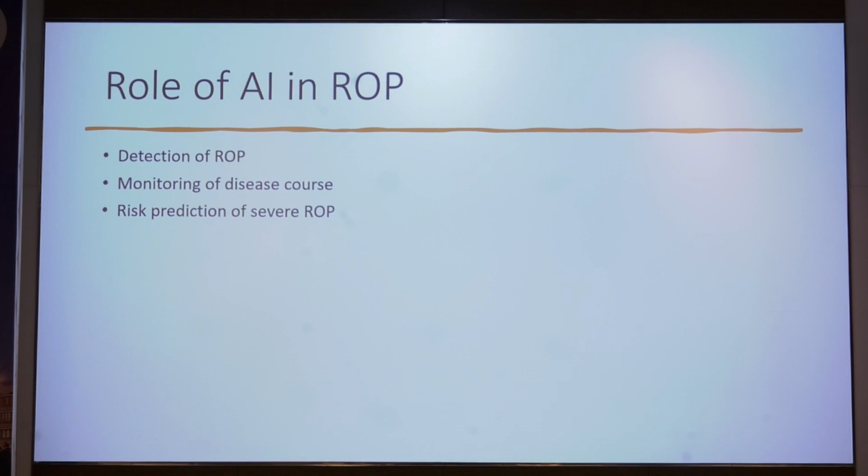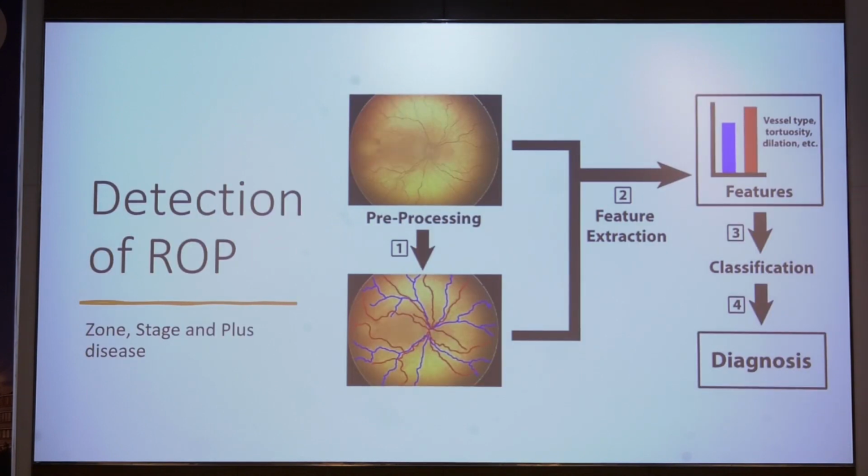So how is AI helping in today's scenario in ROP? It is helping in the following domains: detection of ROP, monitoring of the disease, and risk prediction. How AI works, we already know; Aditya has already told us. With a database of fundus images, first pre-processing is done.